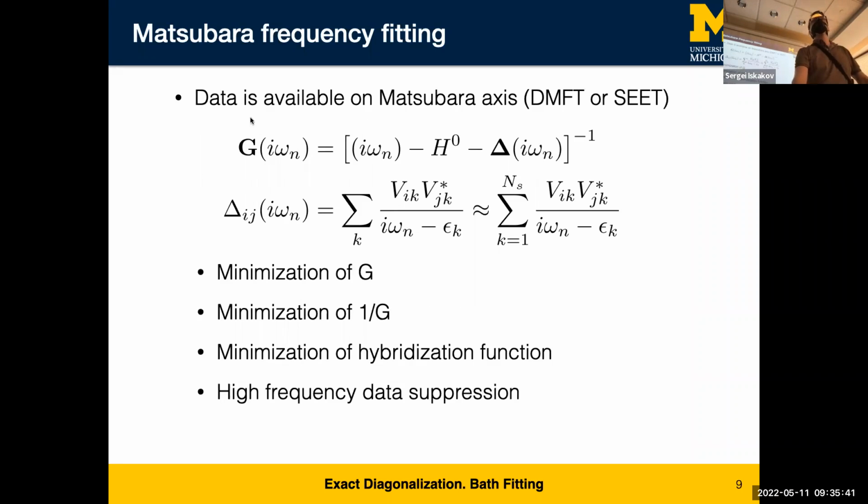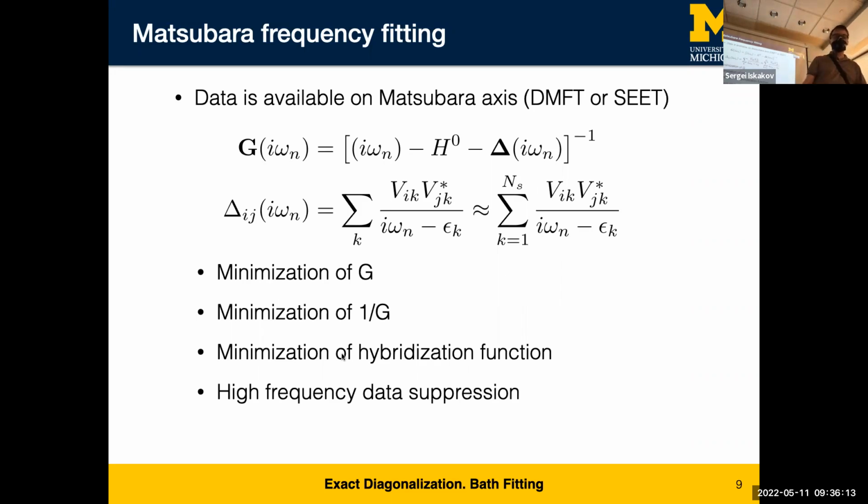You have the matrix valued G as the top line, and from that you get your hybridization, which can be written as a continuous function that you approximate with a finite number of states. It's almost exactly the same equation as for real frequency, except that instead of omega plus i delta, you have the Matsubara frequency i omega_n.